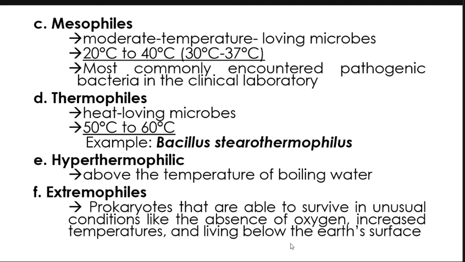If they grow well at 20 to 40, or an average of 30 to 37, whose temperature is that? The temperature of the environment. So which environment could have a temperature like that?